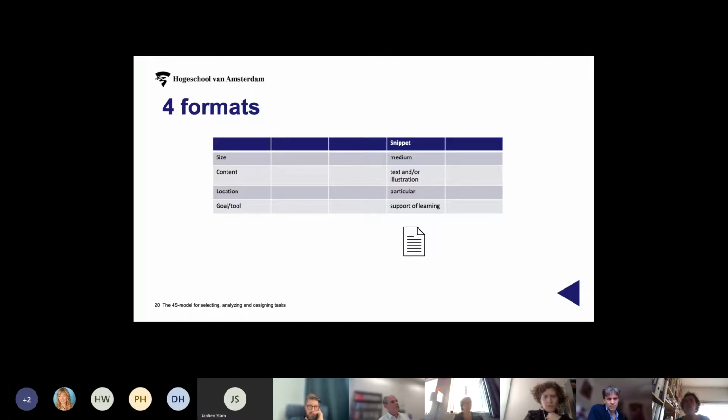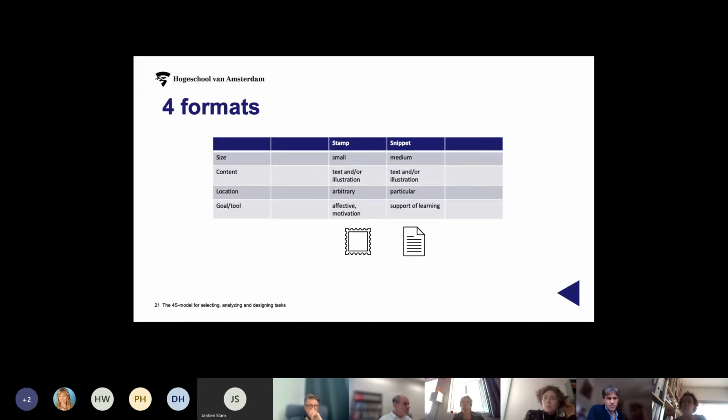The location is rather specific in the chapter or in the instruction, and the goal of the fragment is to support the learning of mathematics. I called this format the snippet, which is a word I borrowed from Tsanakis and Arcavi, who wrote on this first. And the other formats also got names that start with the letter S, which leads to the 4S model.